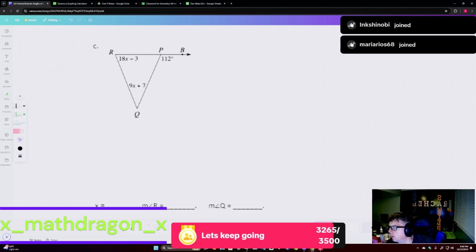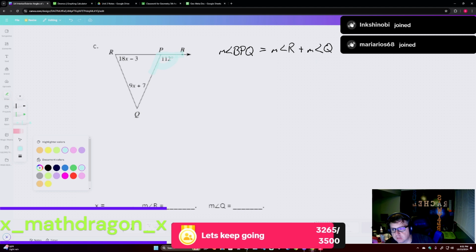All right, so now we have variables that we're going to have to deal with. Still the same game, still the same ball game. So we're going to take the measure of angle BPQ. So I'm going to look at this angle BPQ right here is going to be equal to the measure of angle R plus the measure of angle Q. We're going to take the two interiors and put them together.